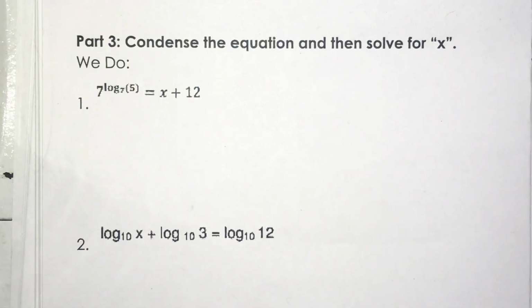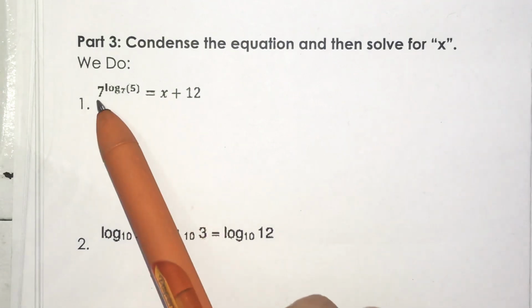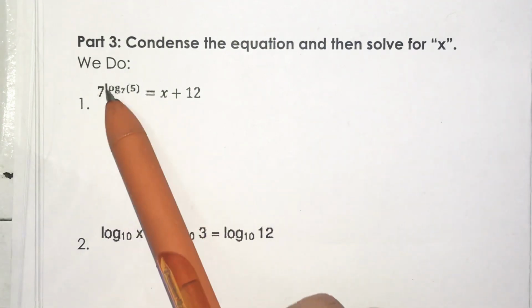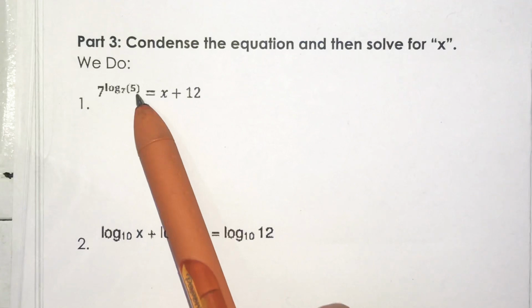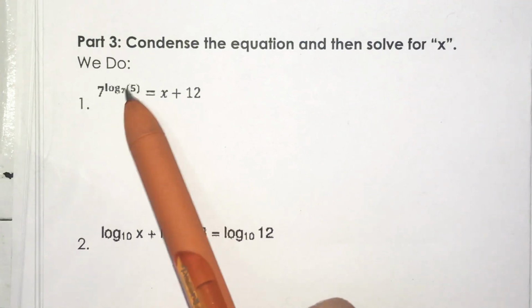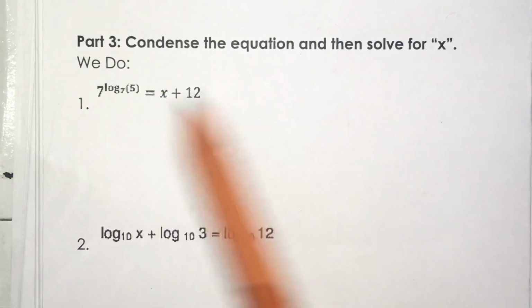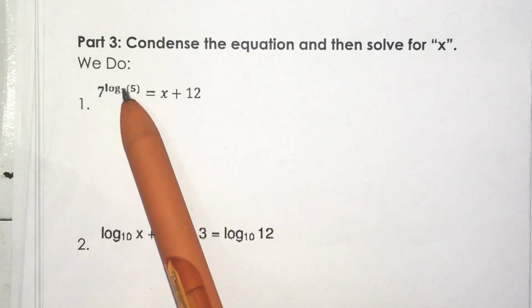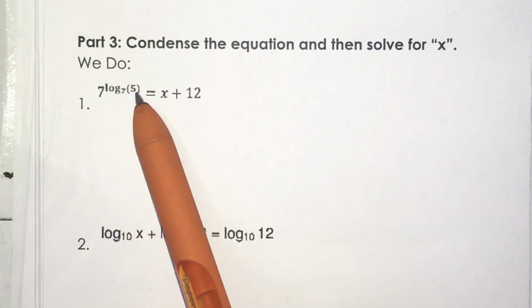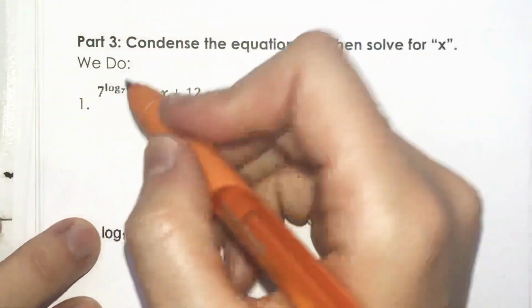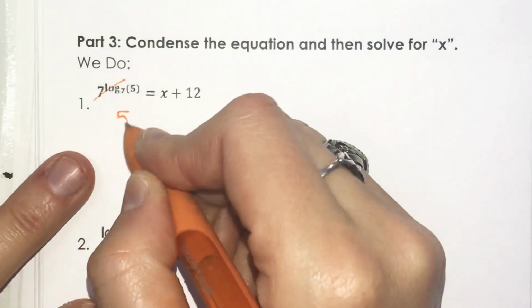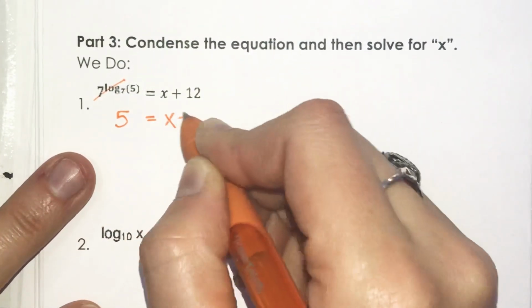If this base and this base are the same, these two cancel each other out, and I'm just left with what's right here. So the 7 and log base 7 cancel, I'm just left with a 5. So I get 5 equals x plus 12.